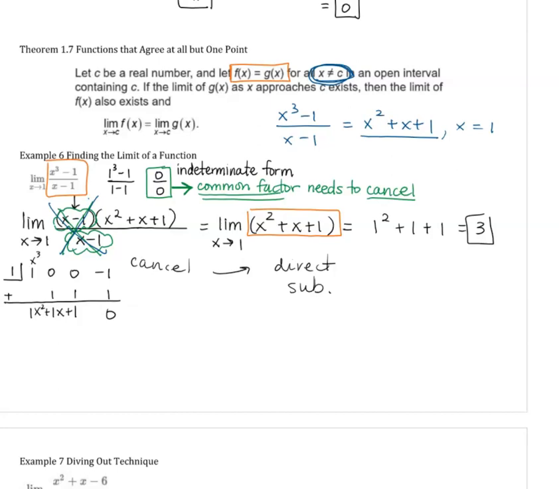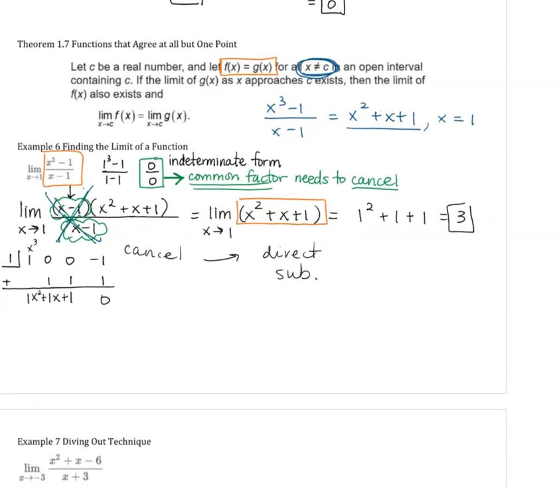So the big takeaway from example 6 is that if you try direct substitution and you get 0 over 0, that means that there is a common factor that you need to go cancel out. That common factor, here ours was x minus 1. You should be able to tell what it is because look at what you plugged in.